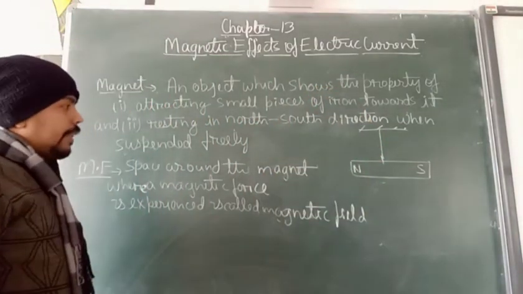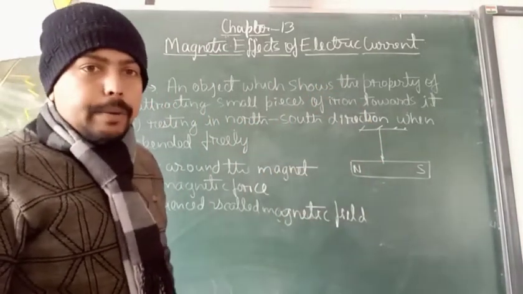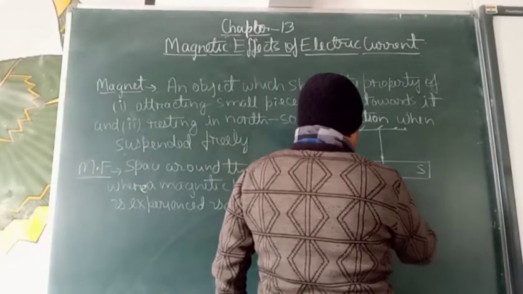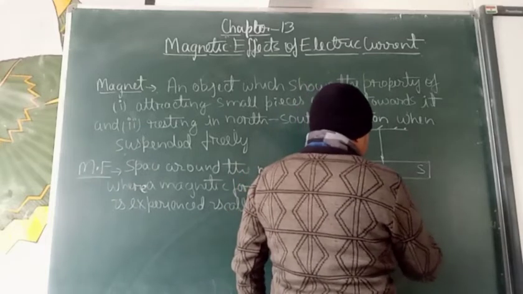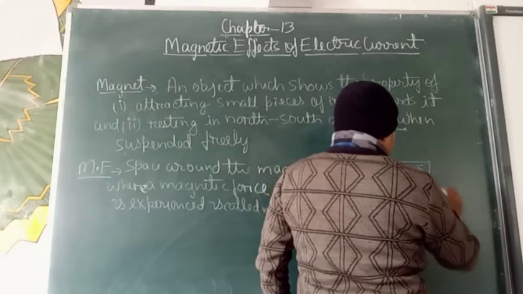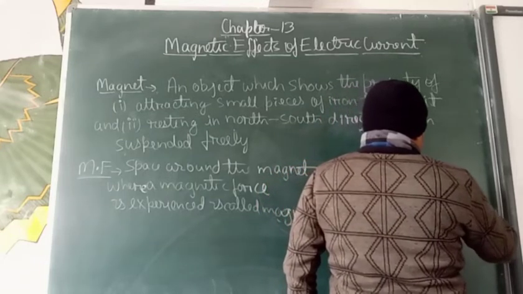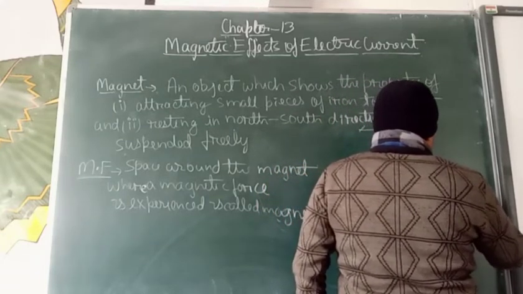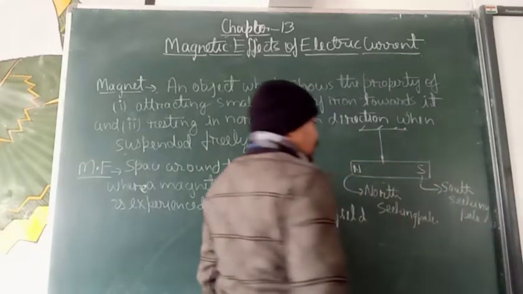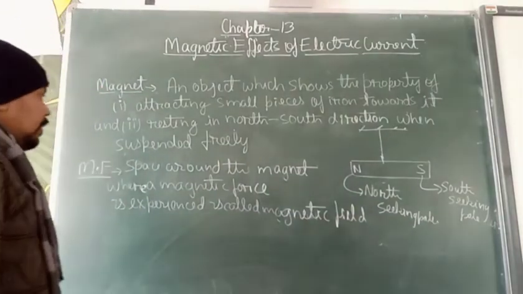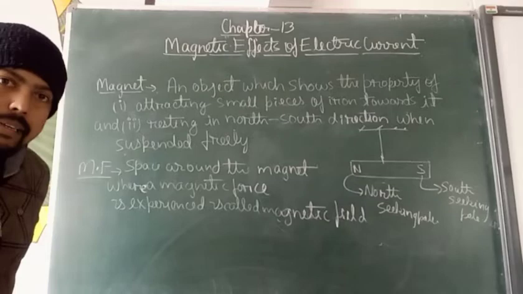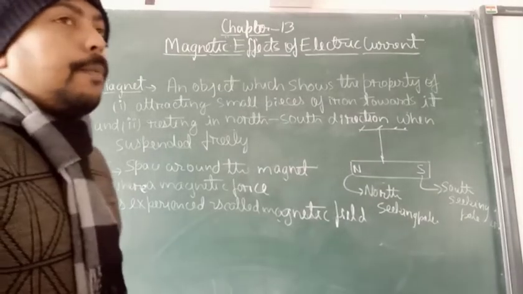So on the basis of that property only we can say that there is one north-seeking pole and the other is the south-seeking pole for that magnet.